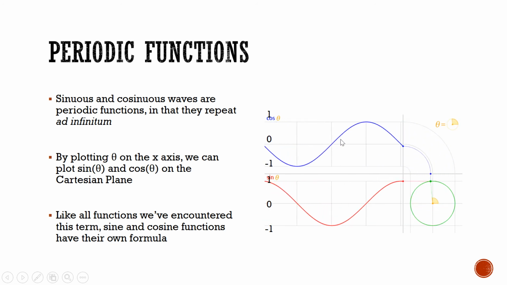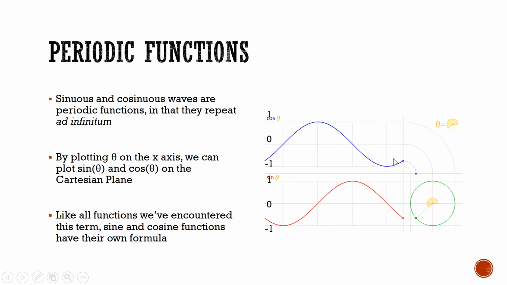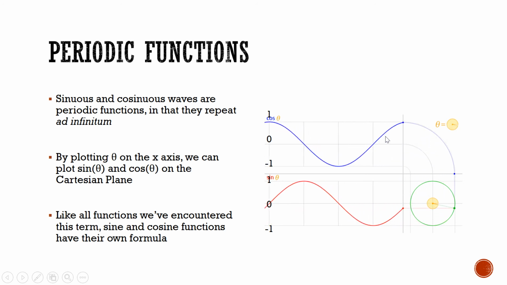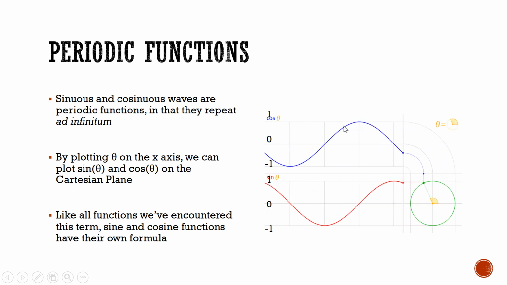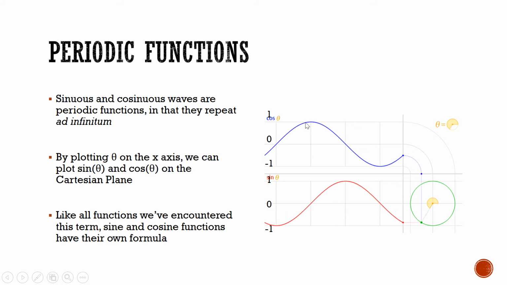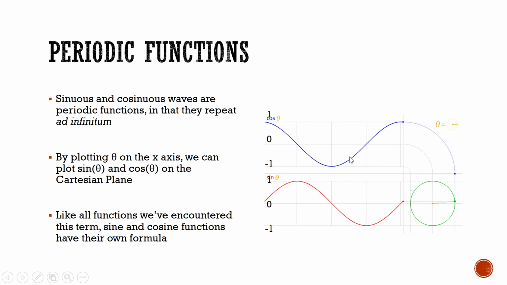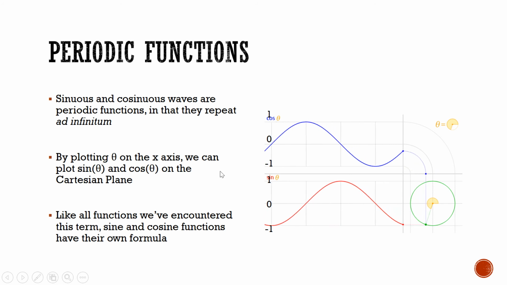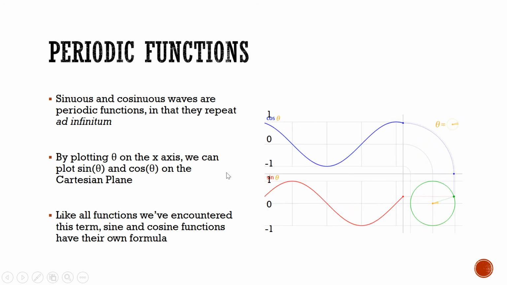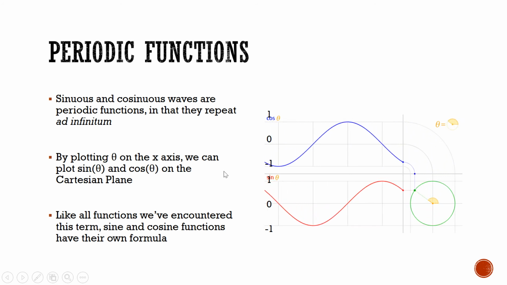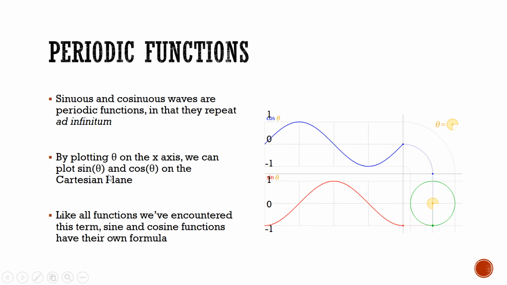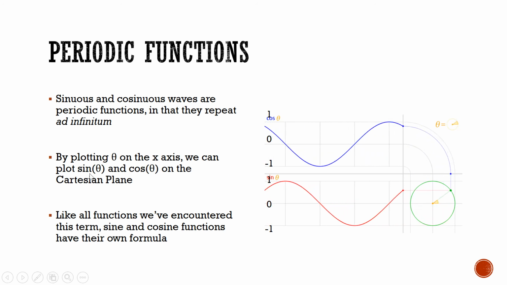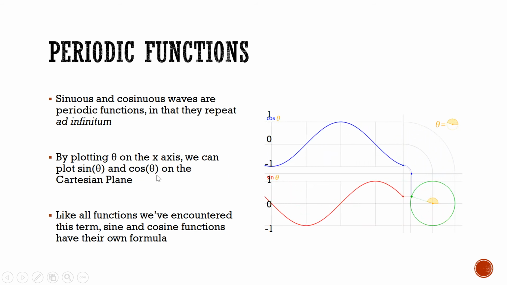When theta is 0, cos theta is 1, and we come down until we get back to 1 again. Okay, and the same for sine. So we plot theta on the x-axis and plot sine theta or cos theta on the Cartesian plane.